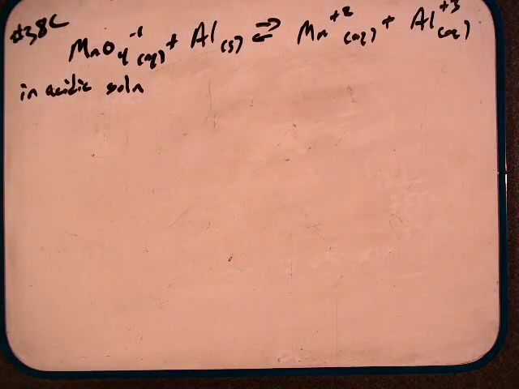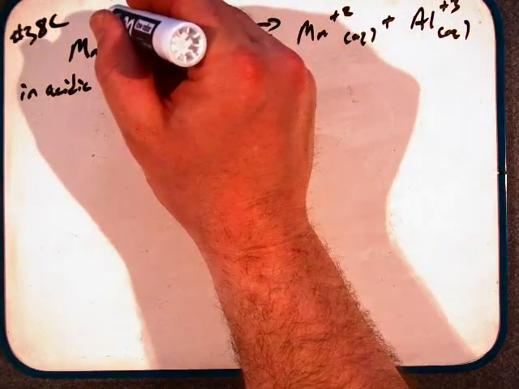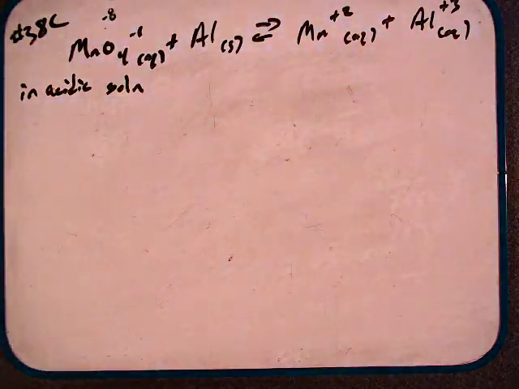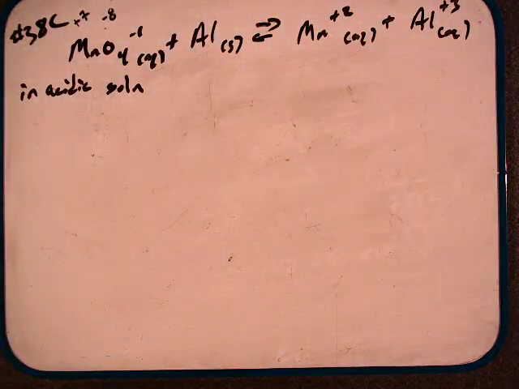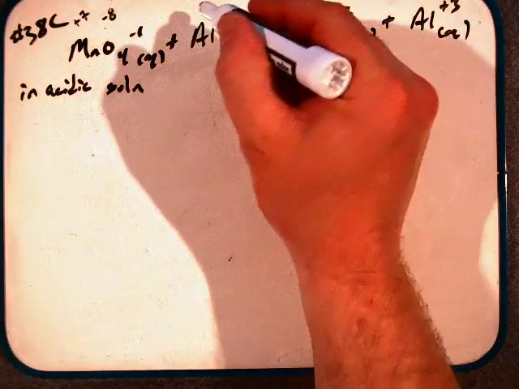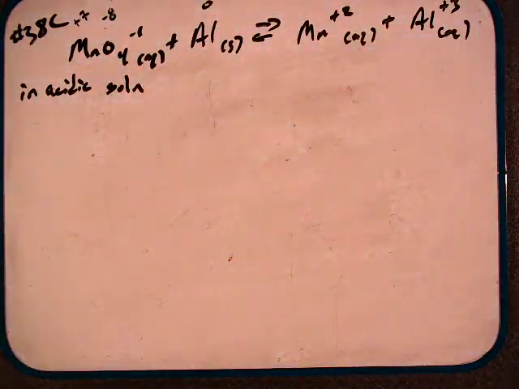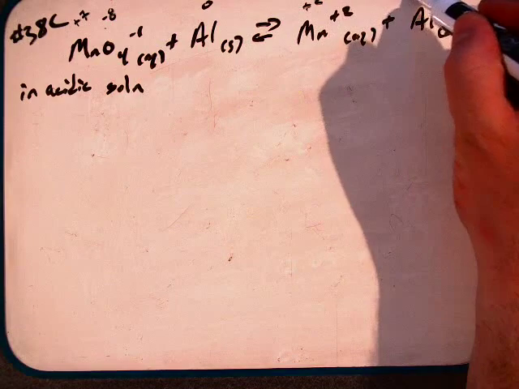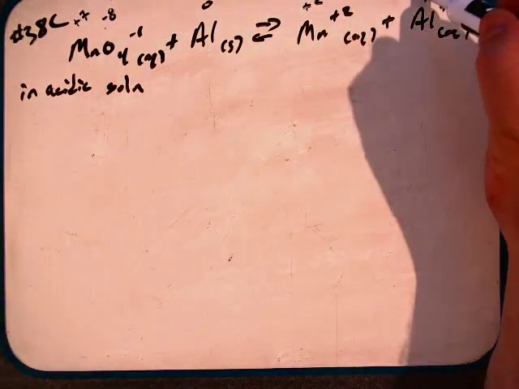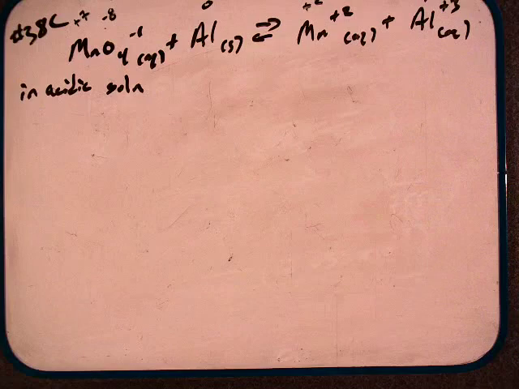So the first part is we have to recognize the changes in oxidation numbers. If we look at our oxidation numbers, we have a total of -8 from our oxygens. That means our manganese must be +7 in order for the sum of those oxidation numbers to equal the overall charge, which is -1. For aluminum, that's elemental, so that would be 0. And for these charged metals, they are simply the charge on the metal as +3 and +2.